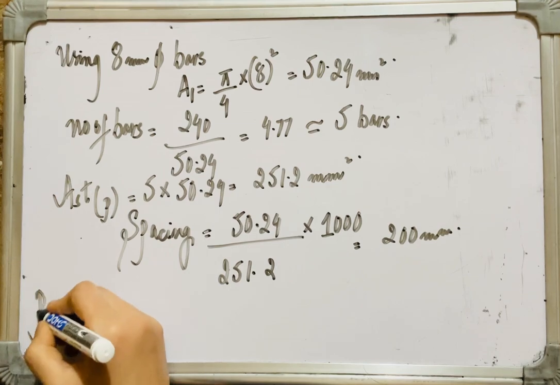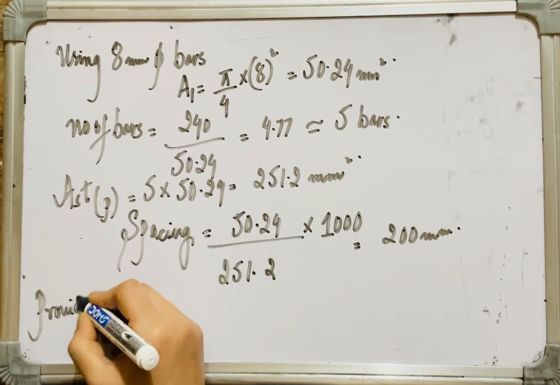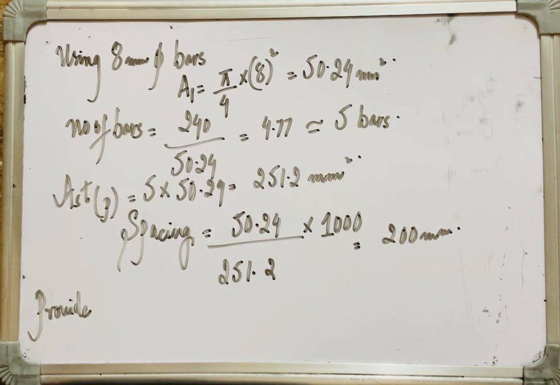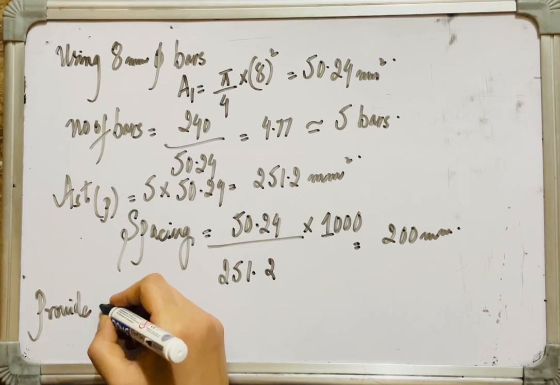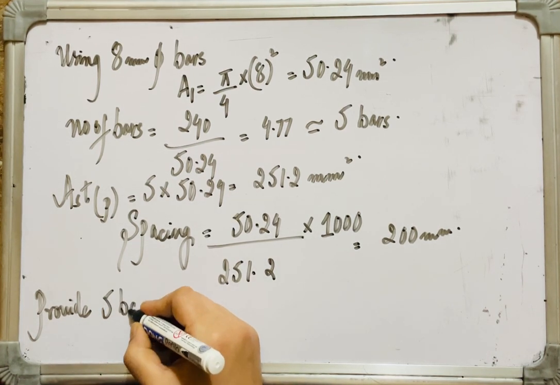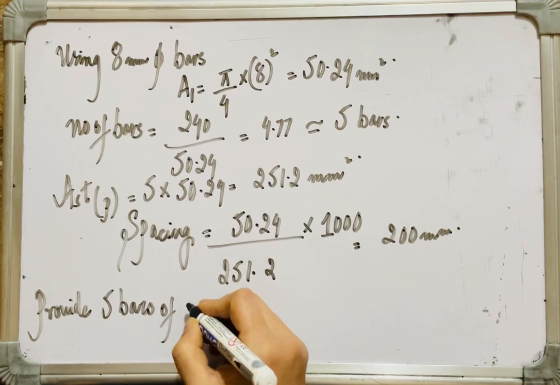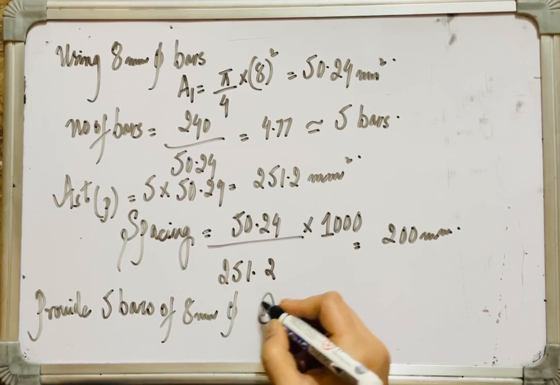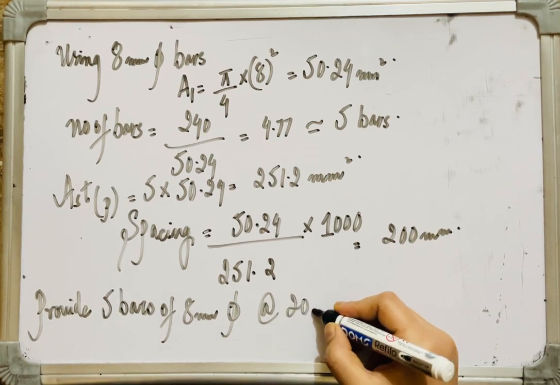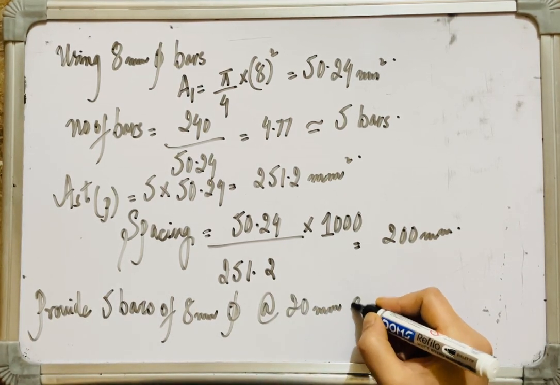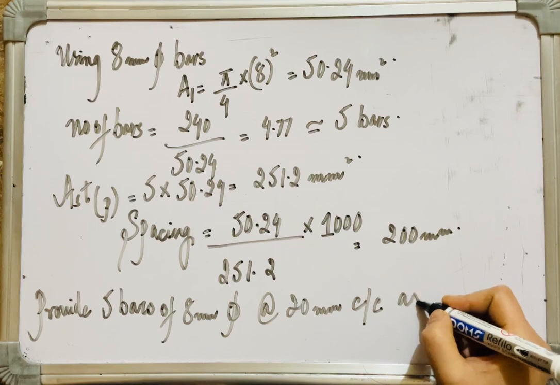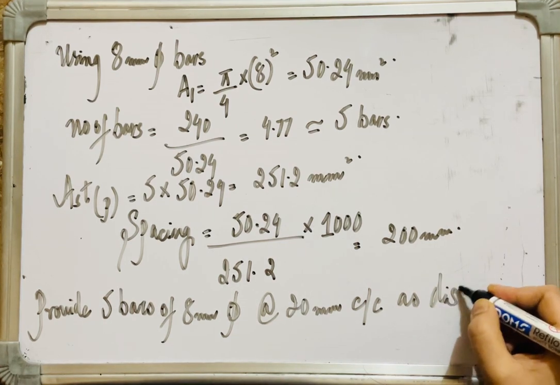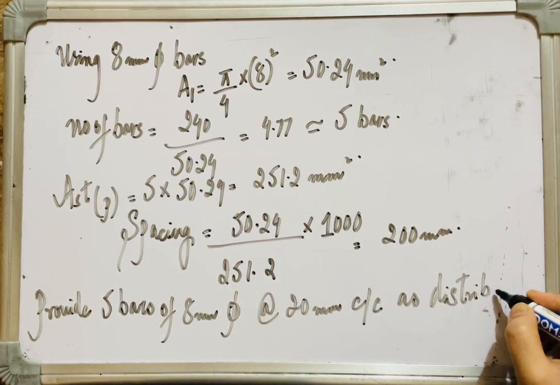So provide 5 bars of 8 mm dia. Provide 5 bars of 8 mm dia at the rate of 200 mm center to center as distribution steel or distributors.